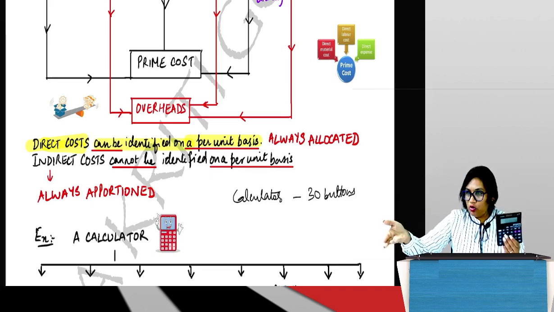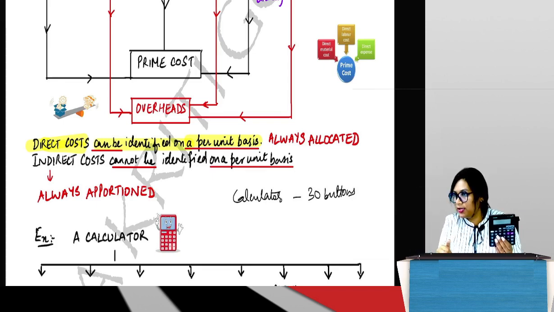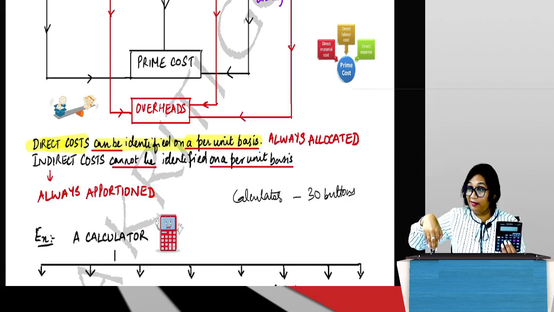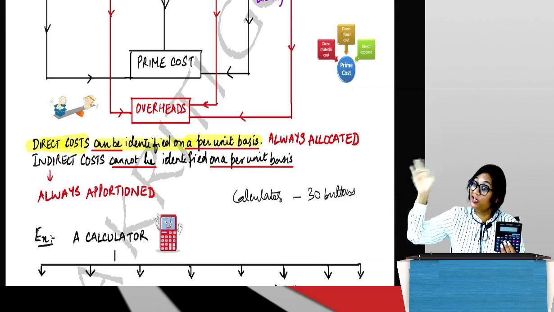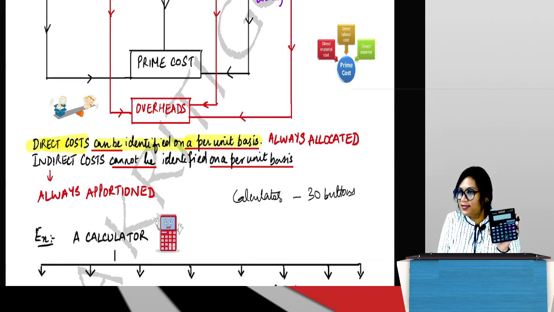And that one unit cost that you calculated, 1 lakh divided by 10,000 calculators, 100 rupees, may not even be the same the next month, because 1 lakh will be the same, but I'm not sure if I'll manufacture 10,000 calculators, I may just manufacture 5,000 calculators. Then again the rent per unit will change. Why? Because fixed cost behaves in that manner. Fixed cost remains the same in total, but it changes per unit. Yes or no? So are you able to identify that cost on a per unit basis?